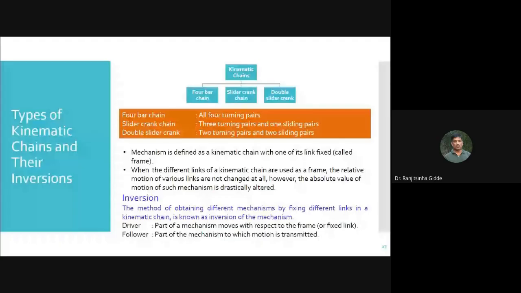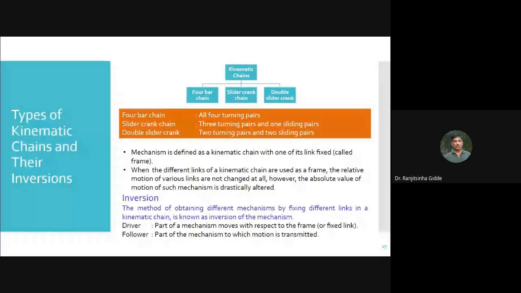So what are the characteristics of this kinematic chain? Basically, a kinematic chain is a combination of kinematic pairs to transmit the motion. If in one case 4 turning pairs are used, then it is called a 4-bar chain.